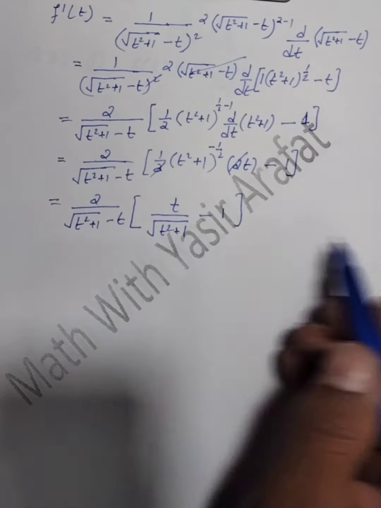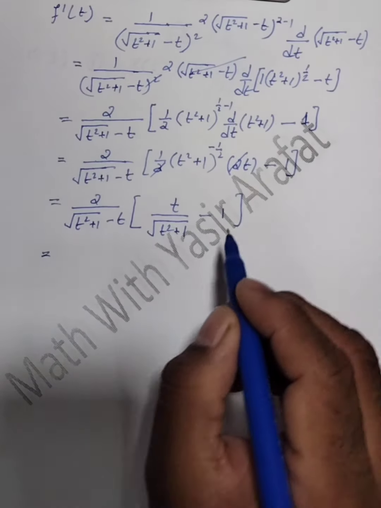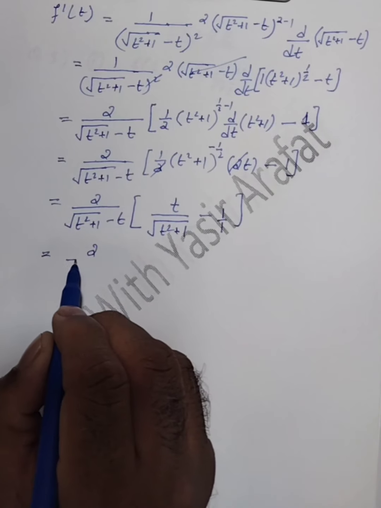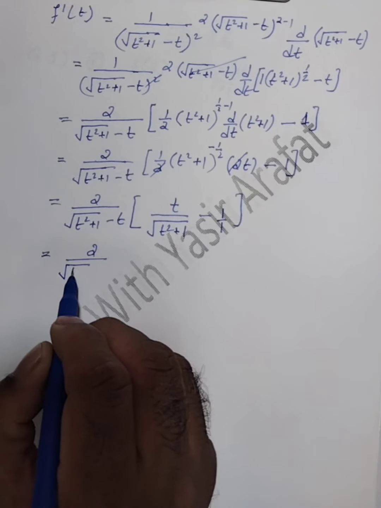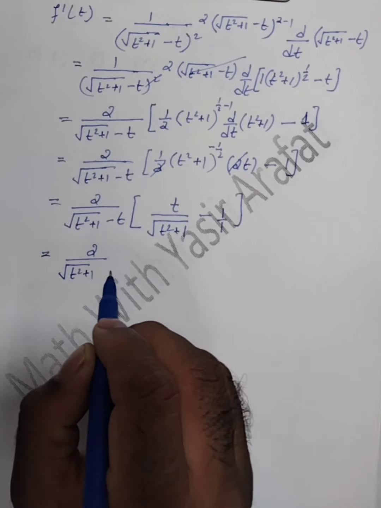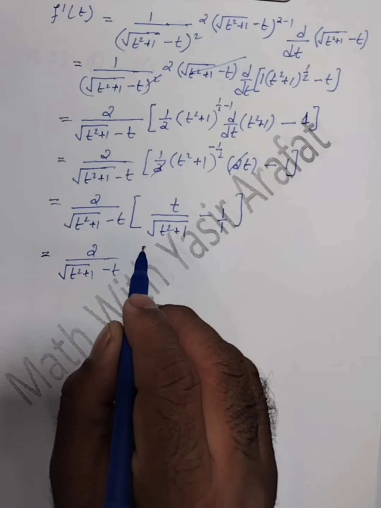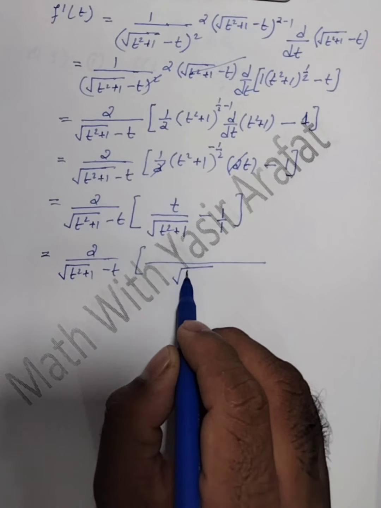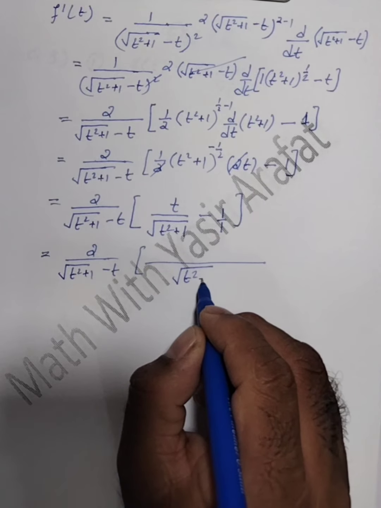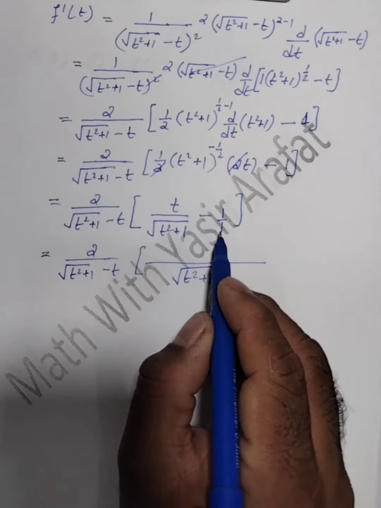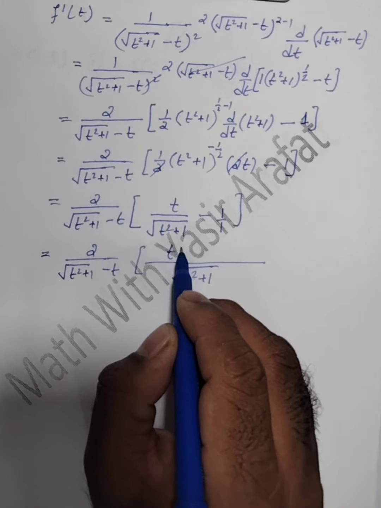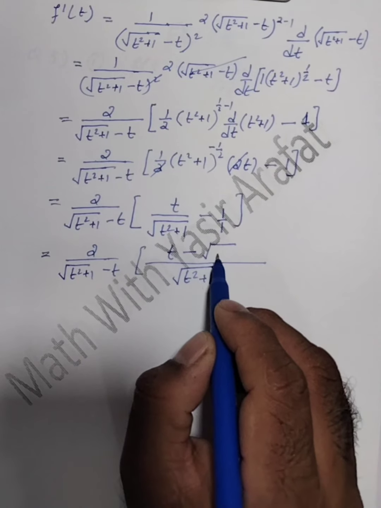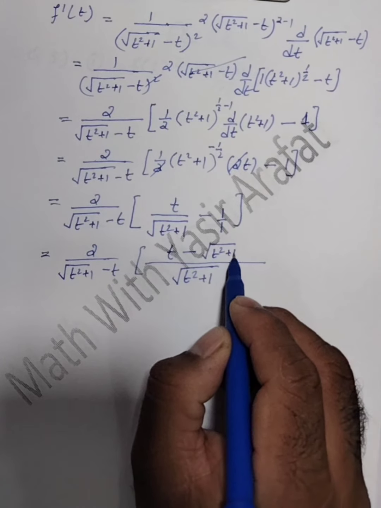Just take out the LCM in this bracket. Here we can write 1 over 1, and this is the ordinary LCM between two fractions. So this is the radical of t square plus 1, t ones are t, minus 1 multiplied by the radical of t square plus 1.